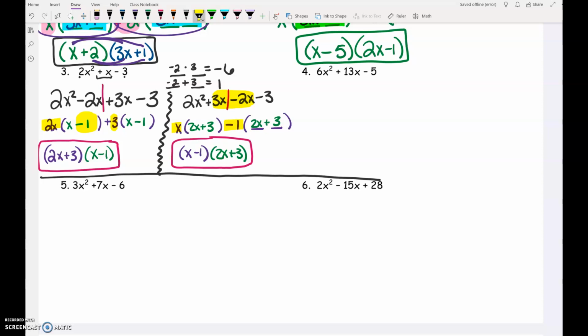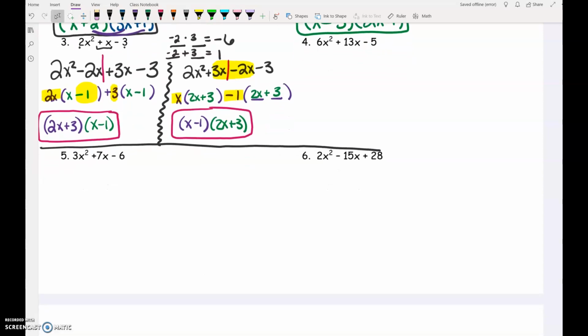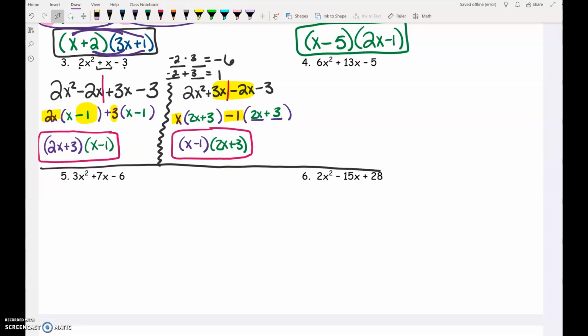Okay, which other one should we try? Let's do number 5. Do you want me to show you another method for this? No. We're going to do number 5 the same. What's your first step? 3 times 6. 3 times -6 is -18. We're adding up to 7.